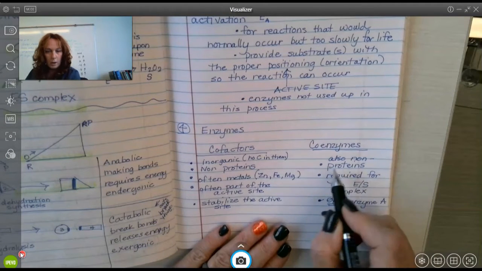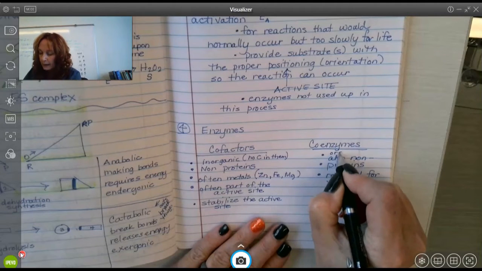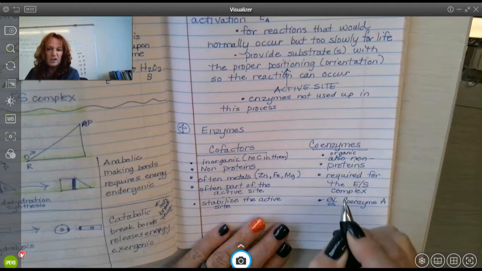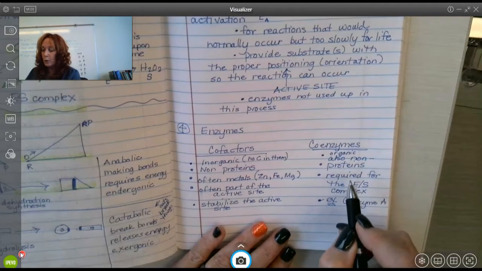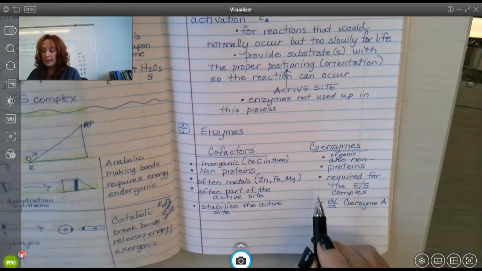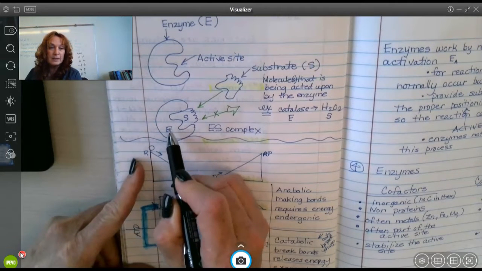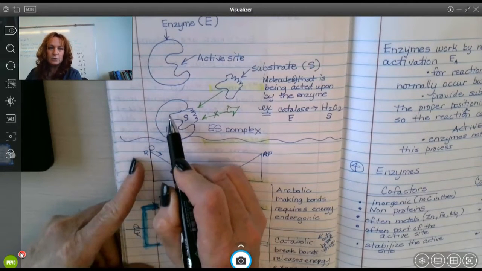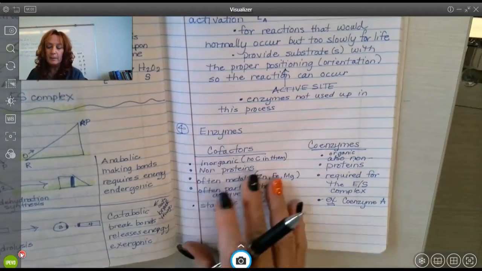These are also not proteins, but they are organic. They're usually very small. They're molecules that are required for this enzyme-substrate complex, this assembly, to actually work. And I bet you've heard of some of them.